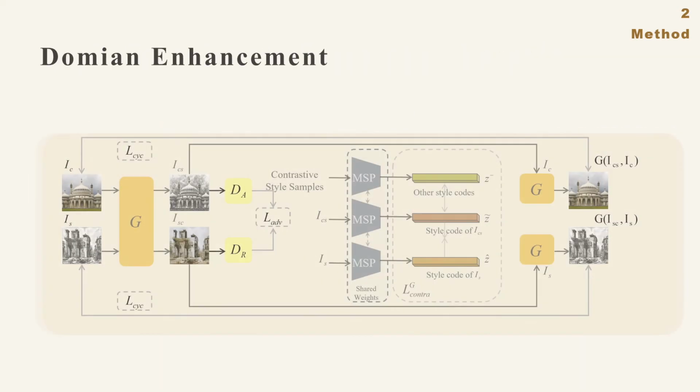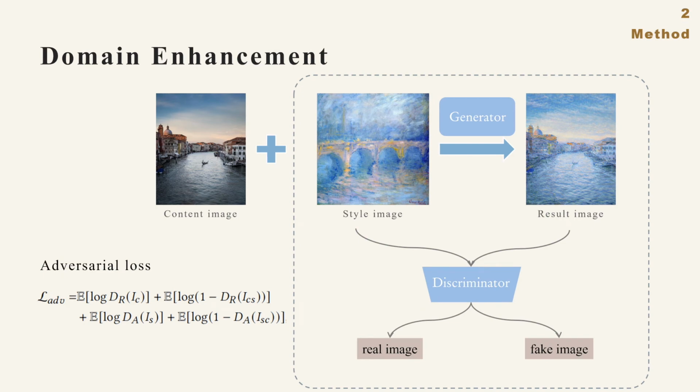We introduce domain enhancement with adversarial loss to enable the network to learn the style distribution. We divide the images into realistic domain and artistic domain, and we use two discriminators to enhance them respectively. During the training process, we first randomly select an image from the realistic domain as the content image and another image from the artistic domain as the style image.